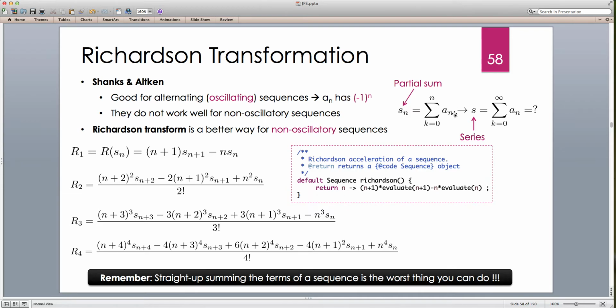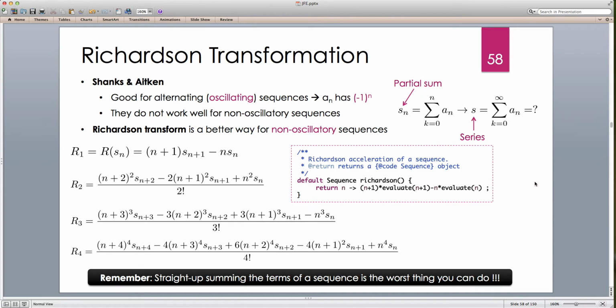And let's say we have this a sequence and we're trying to sum it up. So Sn is representing the partial sum from 0 to n. And let's say we know that this series converges. So the value of the series, let's denote it by S, and we're looking for that. And the way we want to find it is to accelerate the convergence of this.